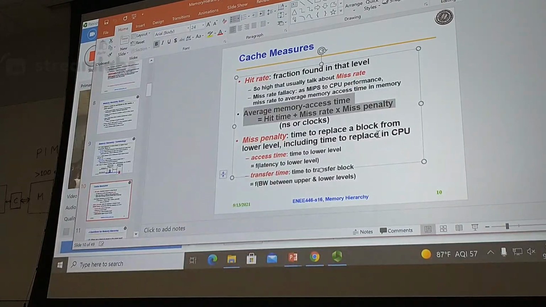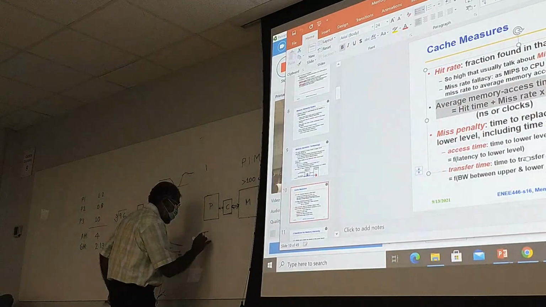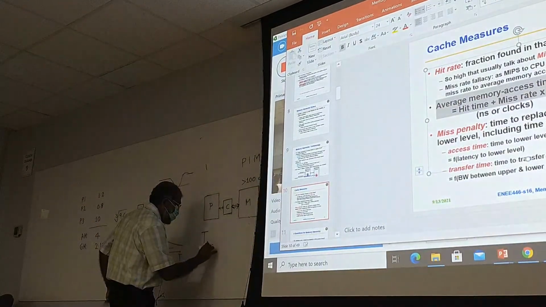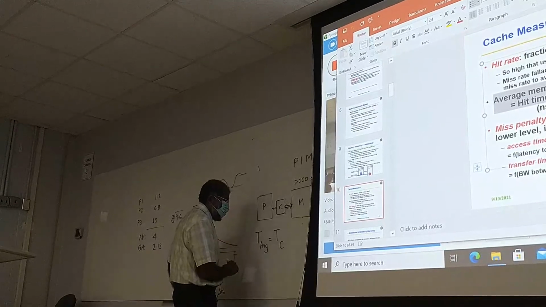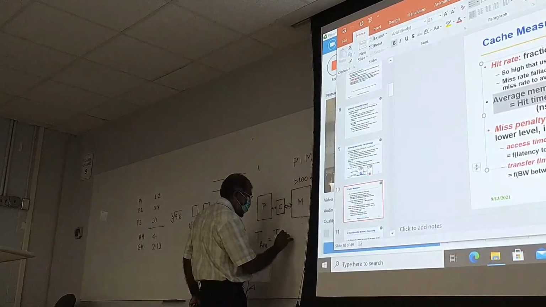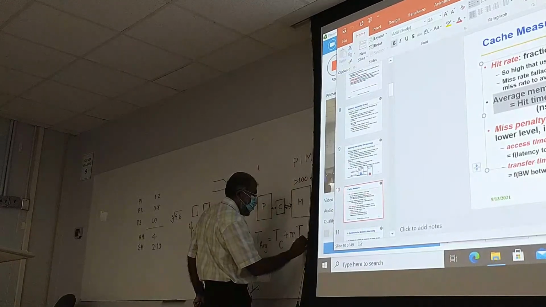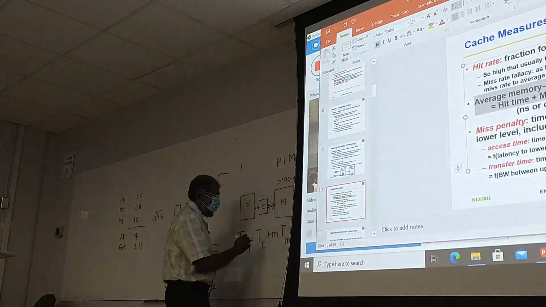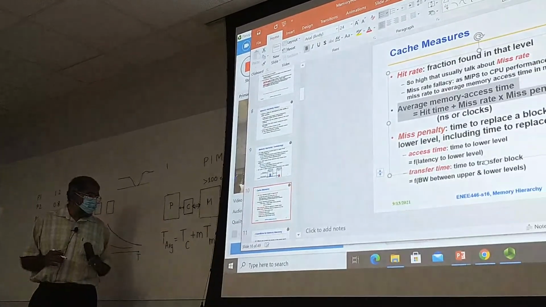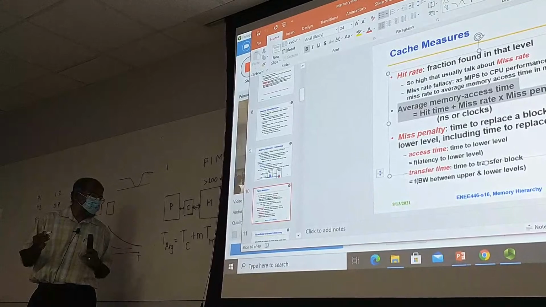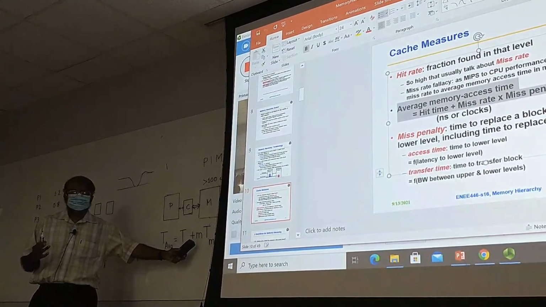Average access time is the time to access the cache plus M times the miss penalty, where M is the miss ratio, meaning what fraction of the memory references end up not being in the cache.